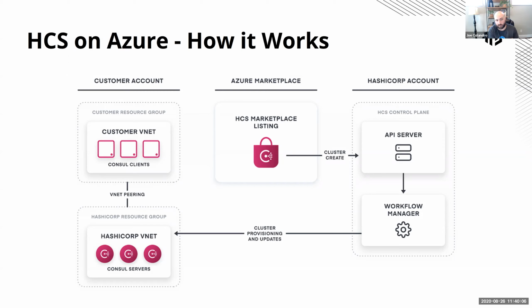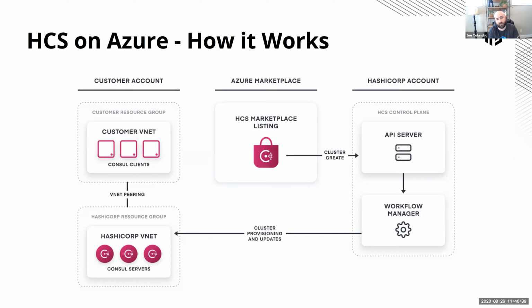It then makes those infrastructure primitives, the resource group and the VNet and a couple of other things, NICs and things like that. It then deploys the Consul servers into that VNet and resource group. And then you're going to deploy the clients either via Helm chart to AKS or via Consul binary to VM and configure those to point back to the HCS servers.